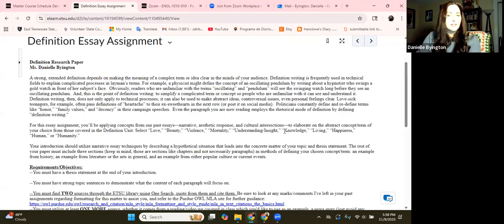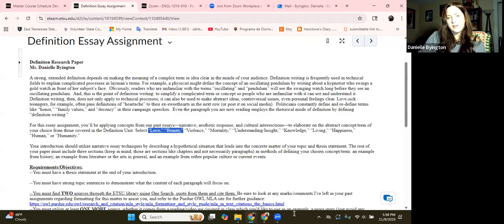So understanding and insight, knowledge, which kind of falls under the umbrella of understanding and insight, living, happiness, human or humanity. Now, some of these, for example, two of them were assigned in the same week. If you feel like you want to write an essay that's exploring both of those simultaneously because the way you want to approach it, you think they really overlap with each other a lot, I'm open to that.